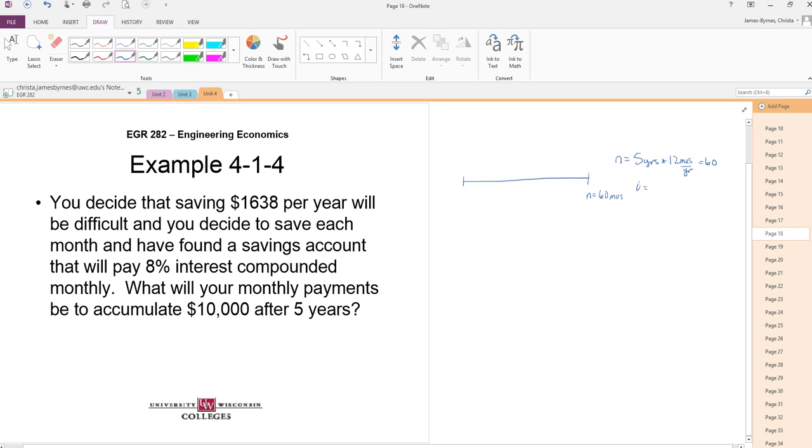And the interest is going to be 8% per year divided by 12, so it's going to be 0.667% per month.